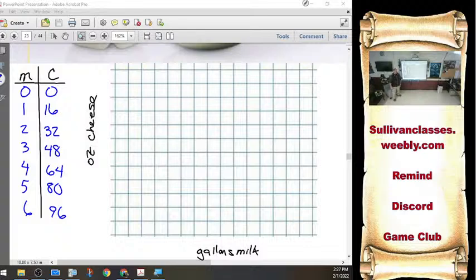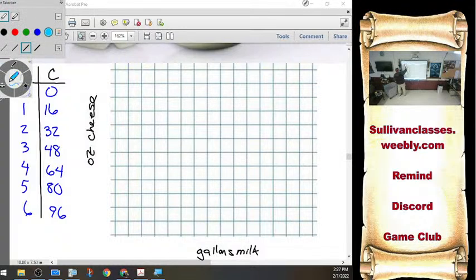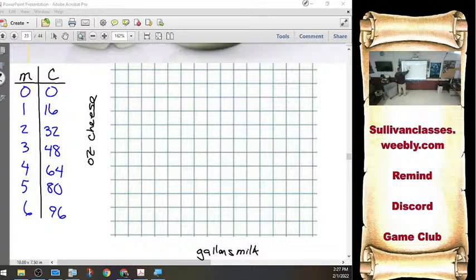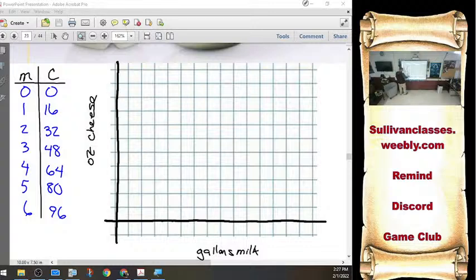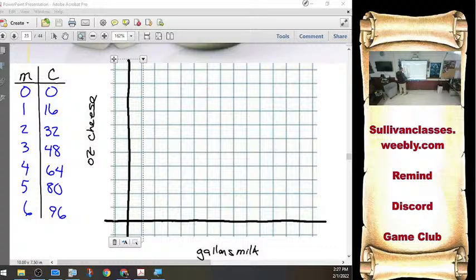What should I go by for a scale? In fact, I would grab that straight edge and maybe make my L graph, because I know that this thing is not going to go to negative land. I'll just do that so I got room to write.